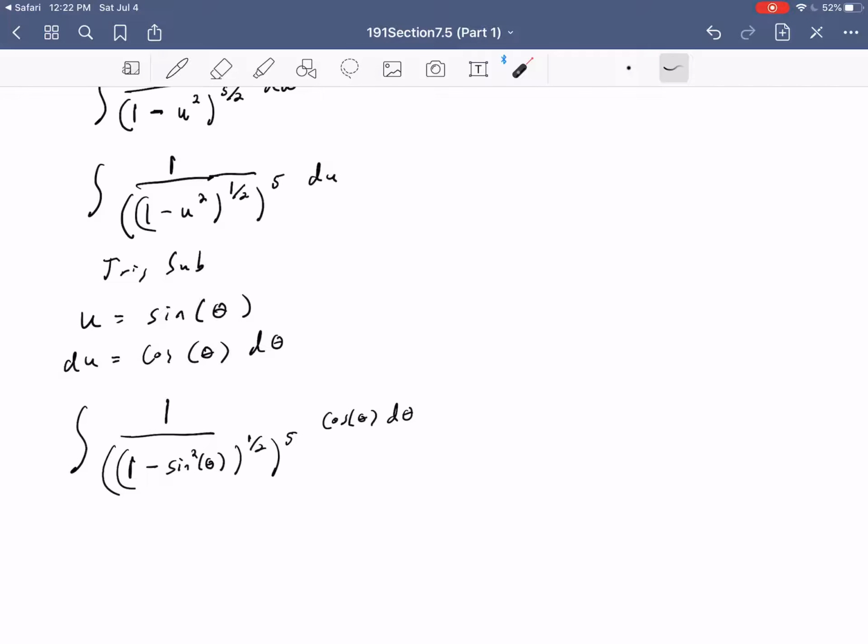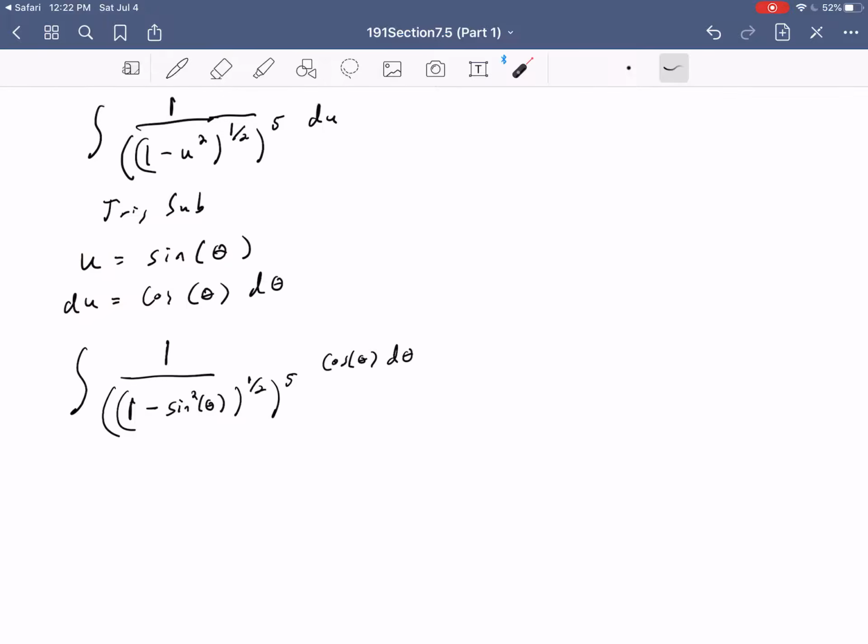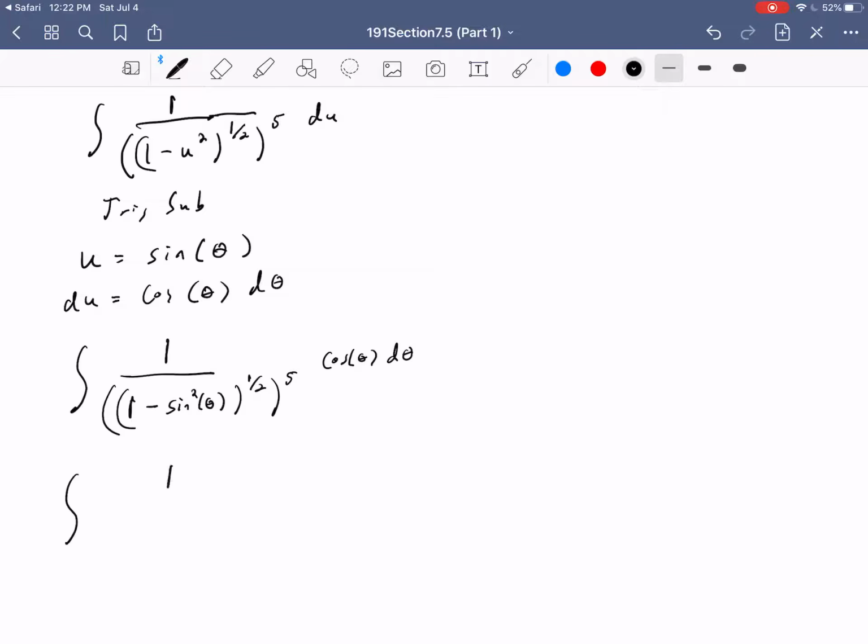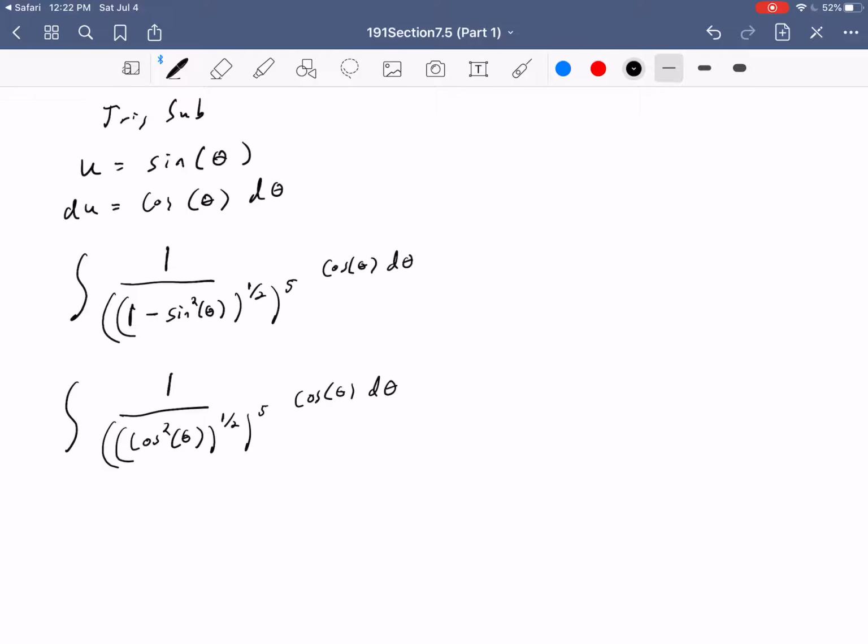Now, standard procedure for trig sub, we chose this to build a Pythagorean identity. Let's plug that in. 1 over cosine squared to the 1/2 to the 5th, cosine theta d theta. Then the 1/2 will cancel out with the square, and we're going to end up with cosine to the 5th in our denominator. So 1 over cosine to the 5th theta, cosine theta d theta.